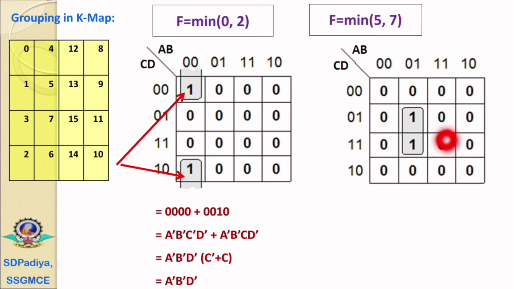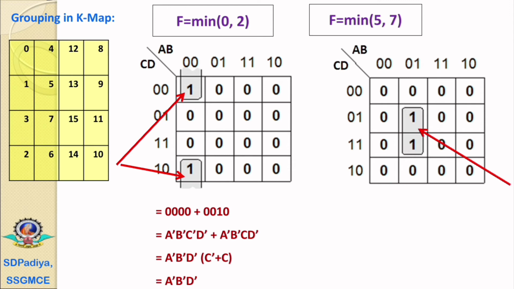But it's okay if we construct the K-map of 16 cells. Now, in this 16 cells K-map, for the cells with designation 5 and 7, we have written 1, 1. These two cells are adjacent cells, therefore directly we have formed a group of these two variables, called a pair.